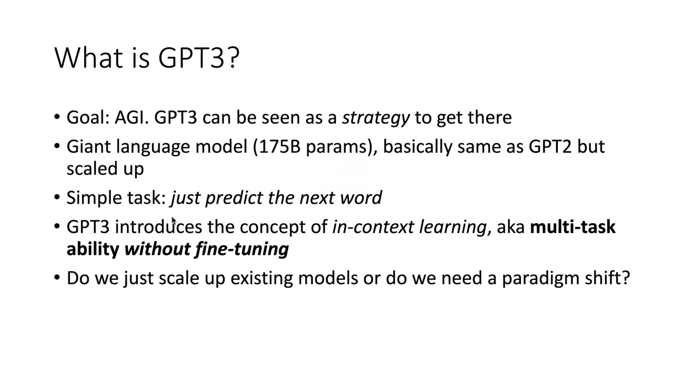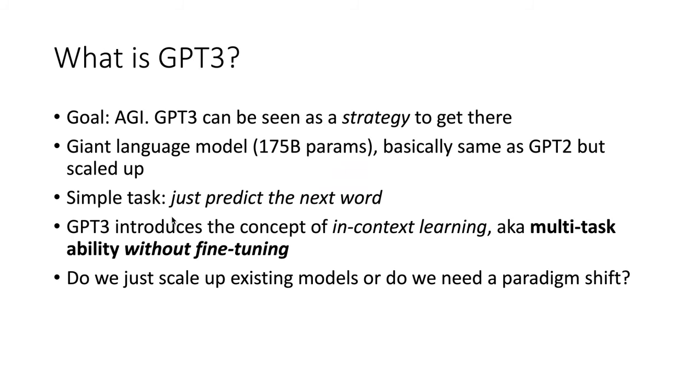So pretty simple. The one big innovation that GPT-3 introduces is the concept of in-context learning, which you can paraphrase as multitask ability without fine-tuning. That's the key part of GPT-3, and we'll go into that in detail.